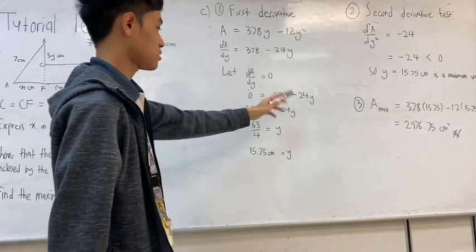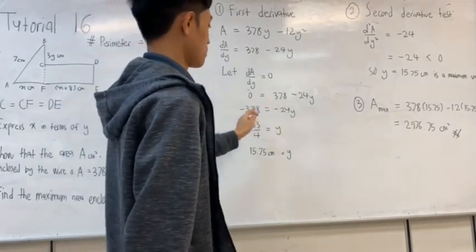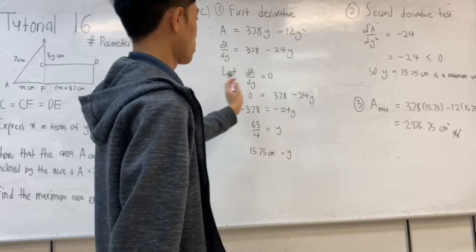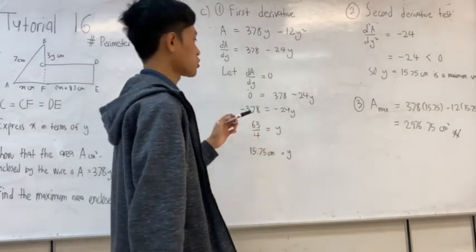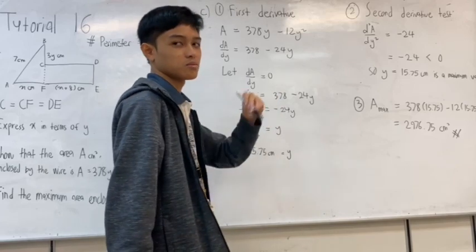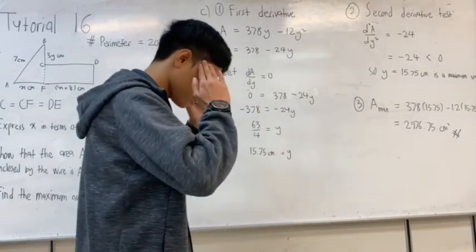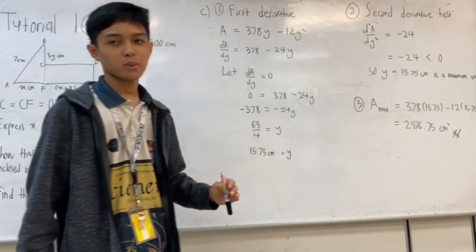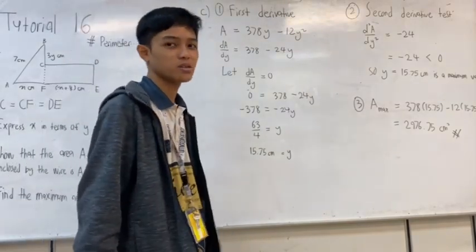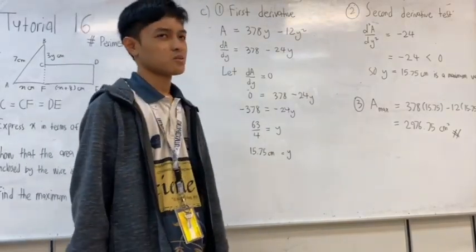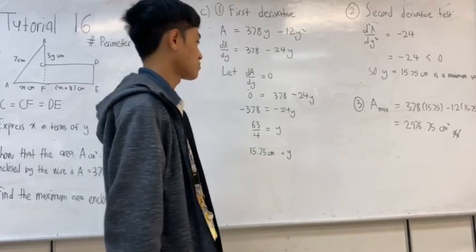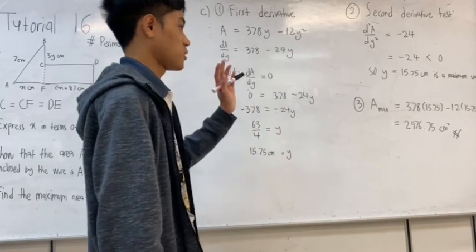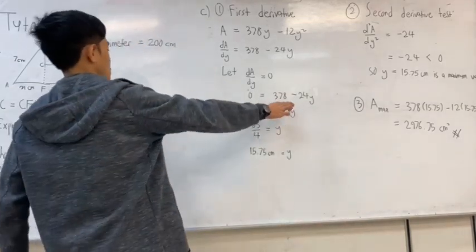So as you can see here, simplify everything. To put it simply, just bring 378 to the other side.